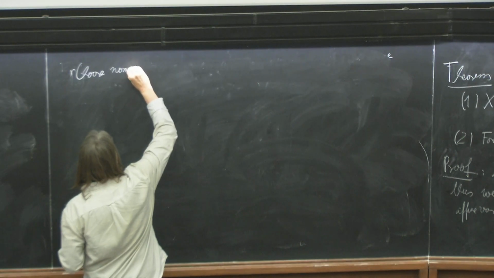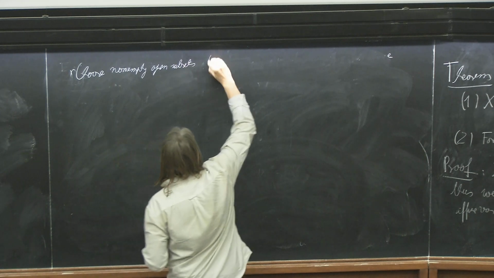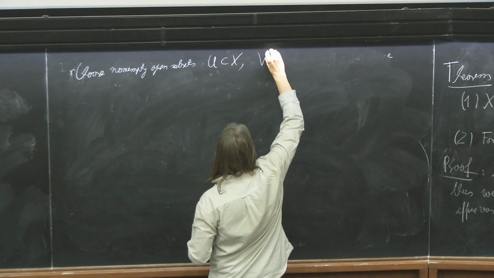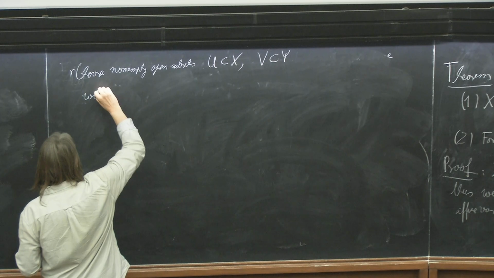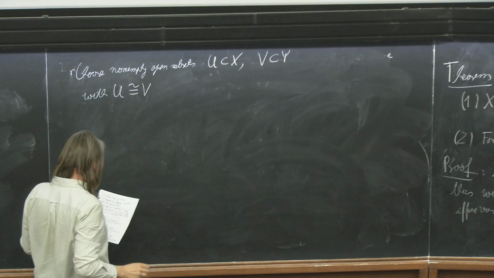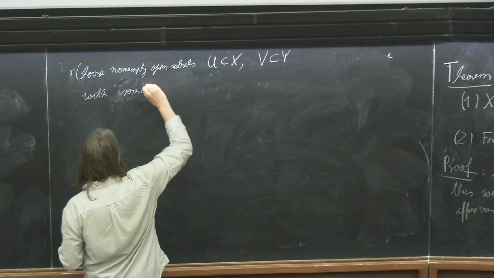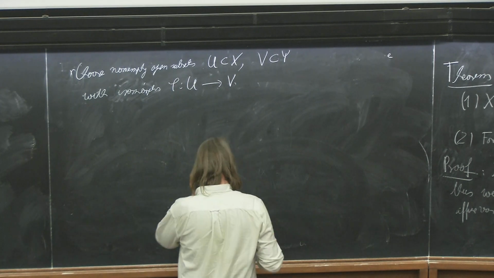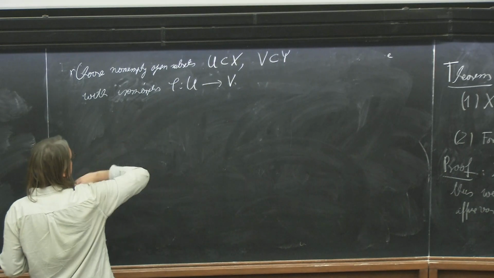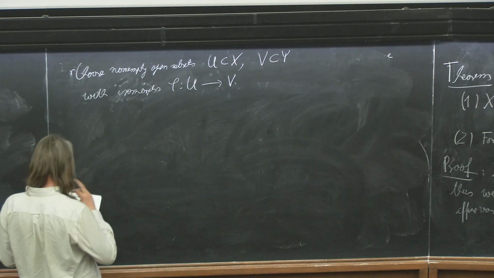So choose non-empty open subsets U subset X, V subset Y, with an isomorphism phi from U to V. Then the intersection of non-empty open subsets is still non-empty open, and so therefore dense.